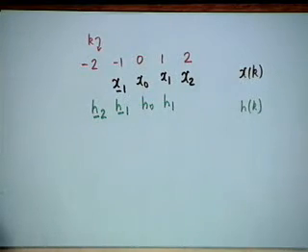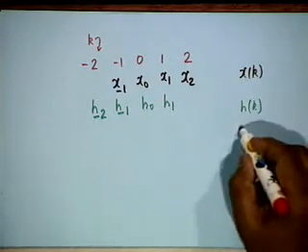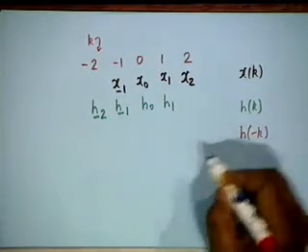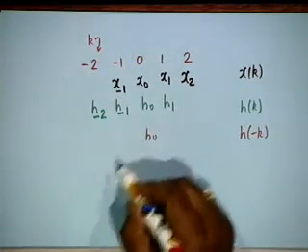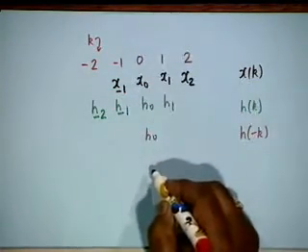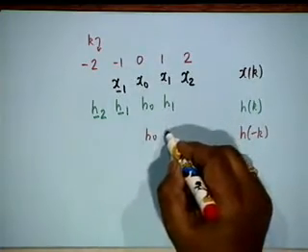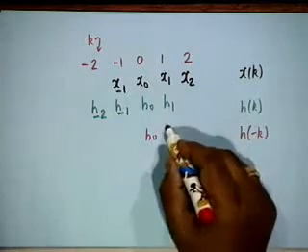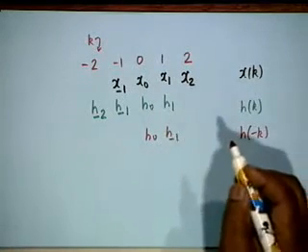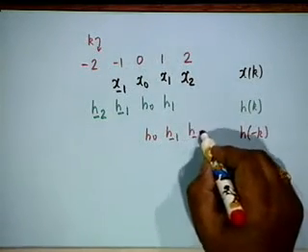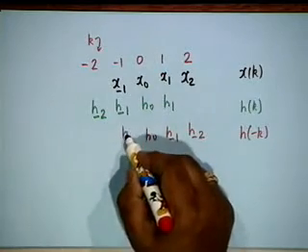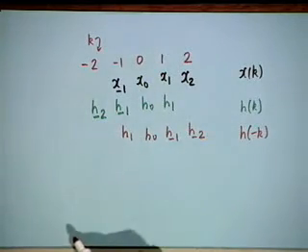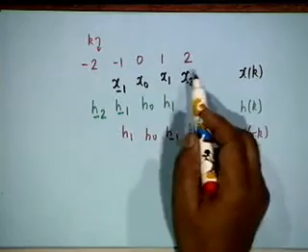Then h of minus k, let me change color, h of minus k, this will remain the same, h naught, and this side will now come to the right. So, it will be h of minus 1, h of minus 2 and h1 shall go here.